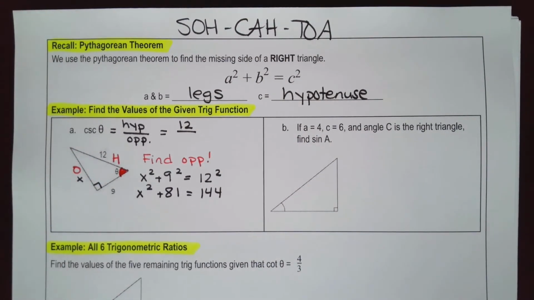Subtract 81 from both sides. Give me one moment. Yes, I need to use a calculator. Can't do it right in my head.